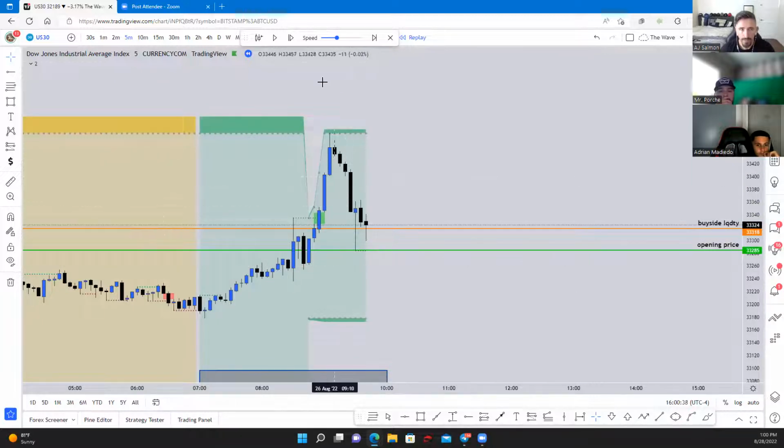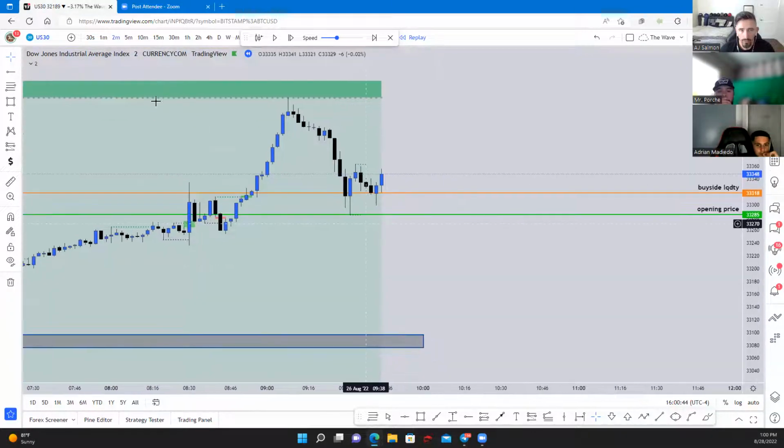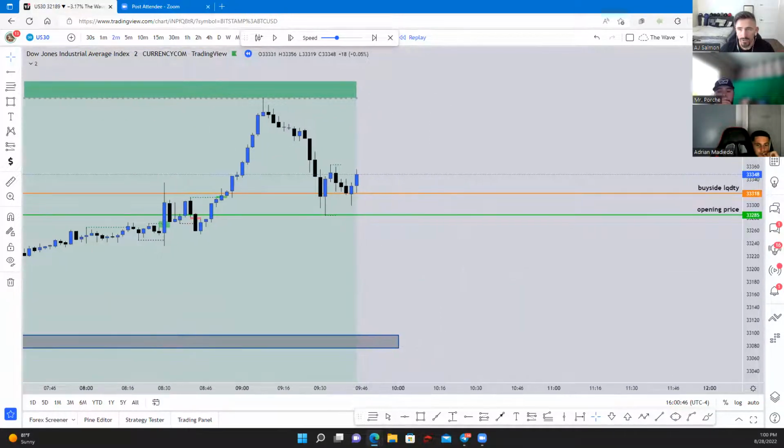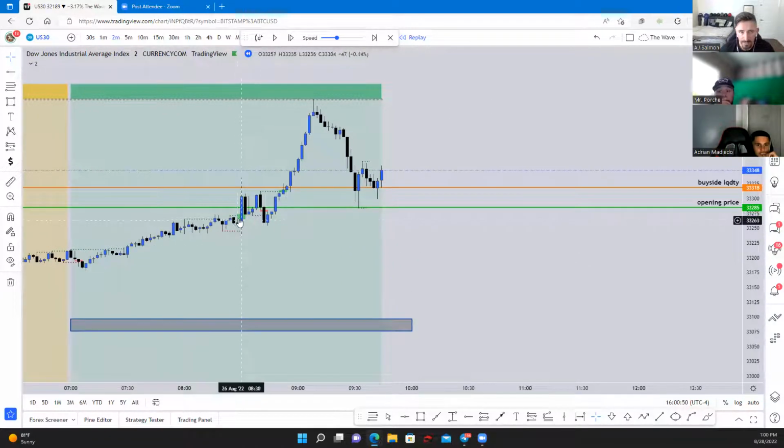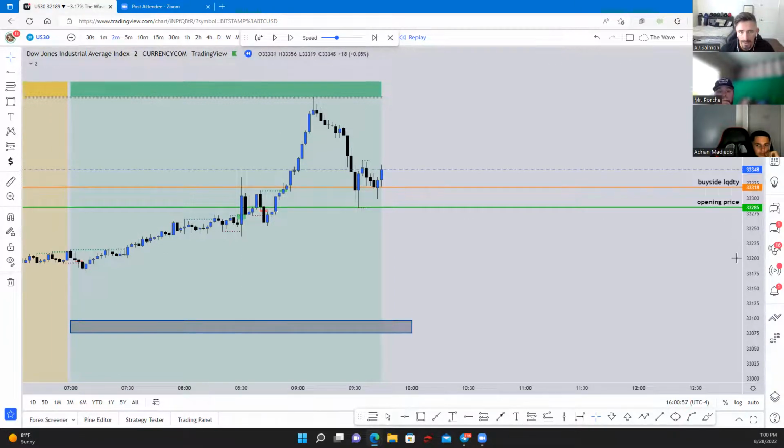There's a gap there, but we're waiting for you to come down to the 2 minutes, where I took my entry point. If you see these boxes that print, we have a green box here and a red box here. That's our liquidity gaps.